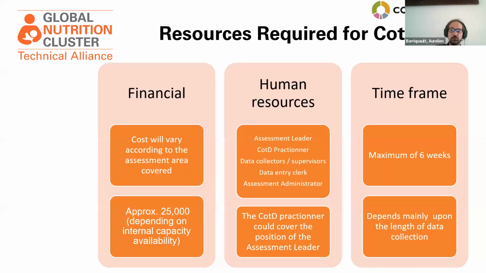If your food list has more than, let's say, 120 food items, it will take more time for the data collection team to cover this. But it's a rough estimate. It's based on the guideline that we said, a maximum of 6 weeks. Could be less. It depends mainly upon the length of the data collection, as I just mentioned.